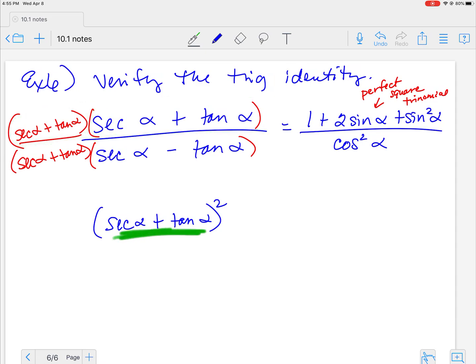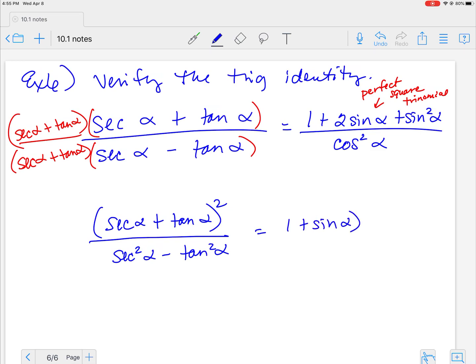So my next step, I'm going to put secant alpha plus tangent alpha squared, because I have the exact same thing that I am multiplying together, so I have two of those, over secant squared minus tangent squared.